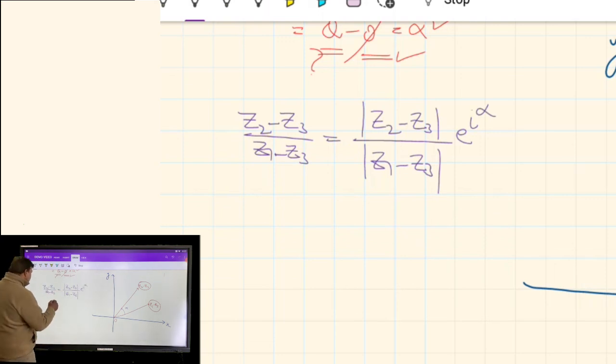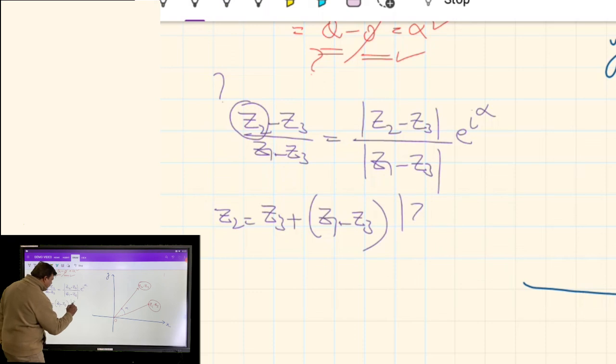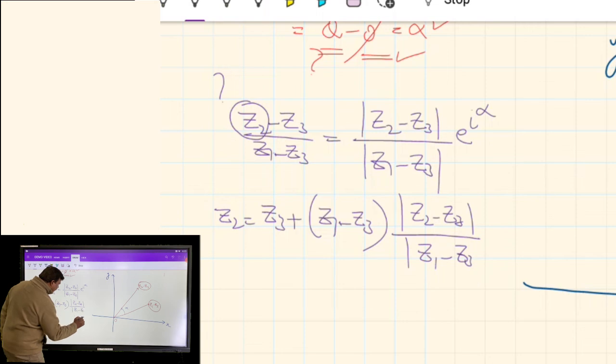So to calculate the value of Z2, which is ultimately not known, we'll write Z2 is equal to this cross multiply, and Z3 I'll send it there. So Z3 plus Z1 minus Z3, and you have Z2 minus Z3 modulus upon Z1 minus Z3 modulus E iota alpha.